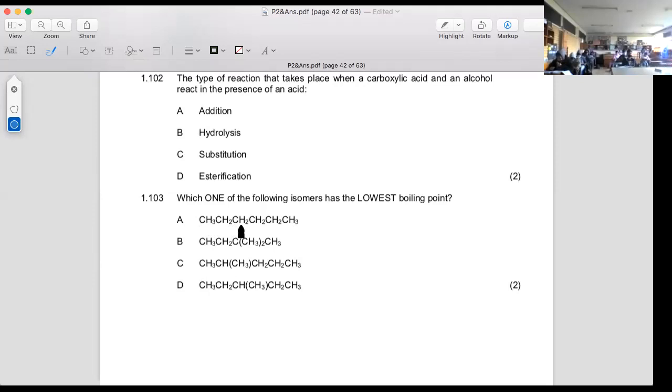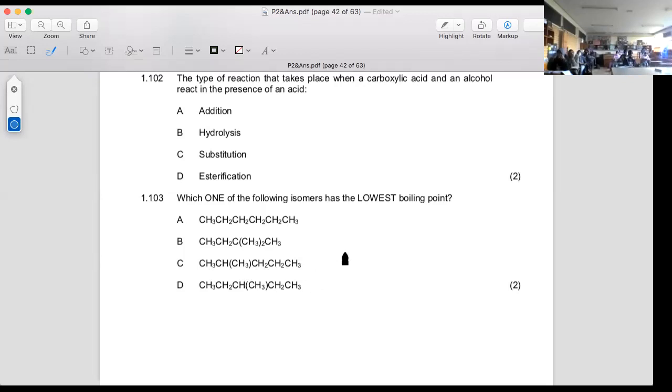Now remember that's doubled. Okay, they've all got 14 hydrogens.